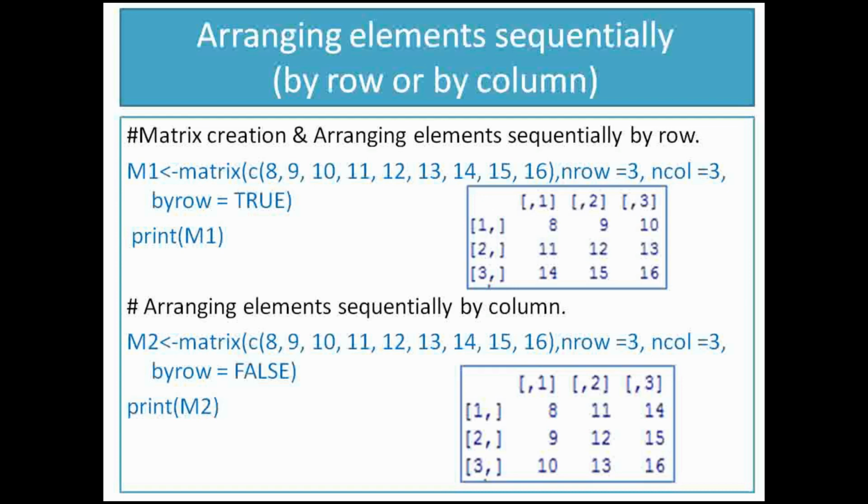Here the elements will be 8, 9, 10 first column-wise, then second column-wise 11, 12, 13, then third column-wise 14, 15, 16. So this is the meaning of arranging elements by row and by column.